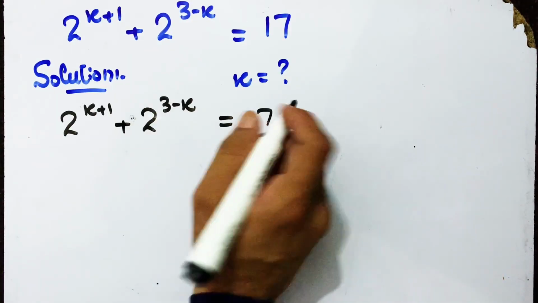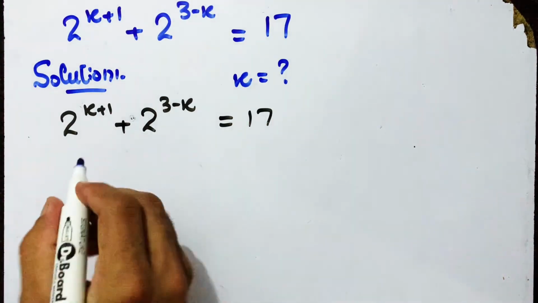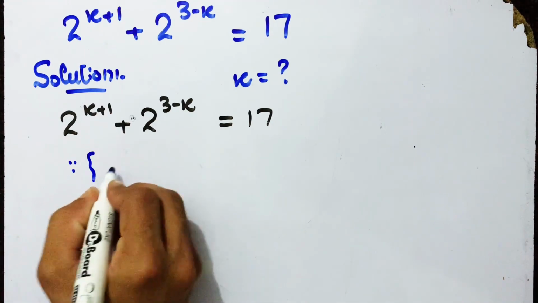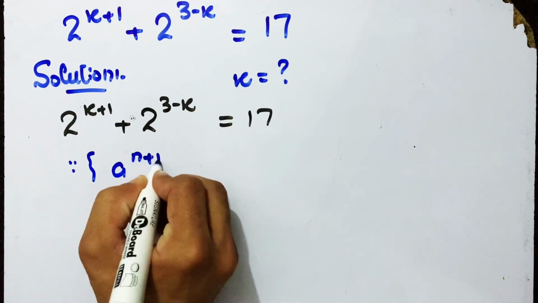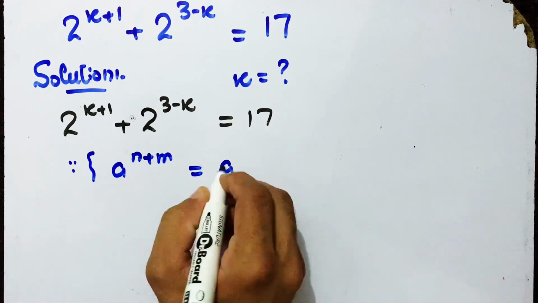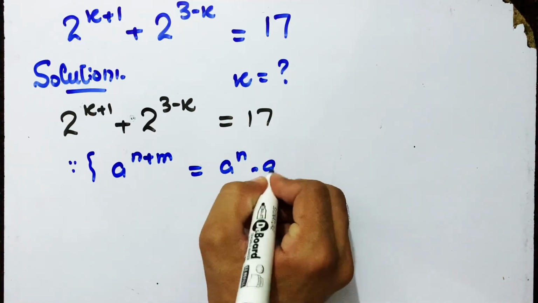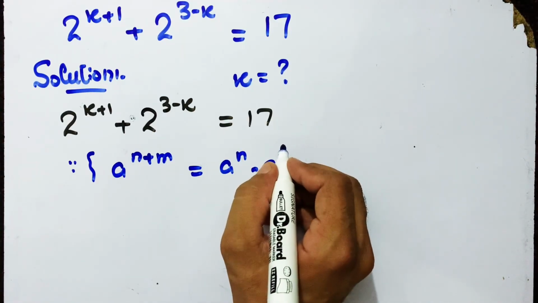So I'm using the product of powers rule, which is a to the power of (n + m) equals the same base multiplication.